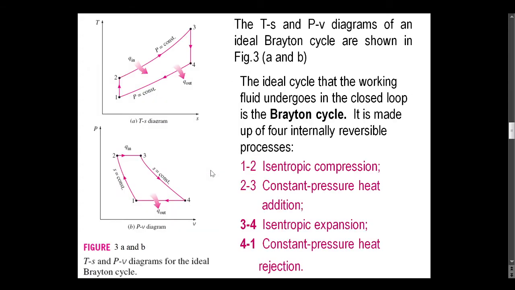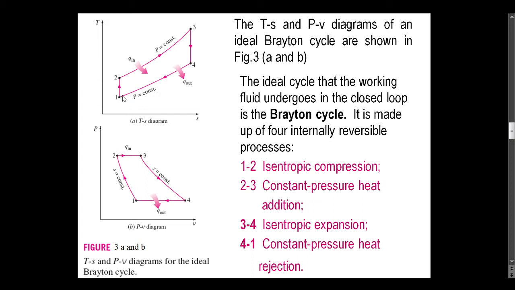Now the Brayton cycle is represented on the PV plane and the TS plane, shown like this. This Brayton cycle includes 4 processes, and we are considering all 4 processes as ideal processes. The actual processes are not considered for the derivation.